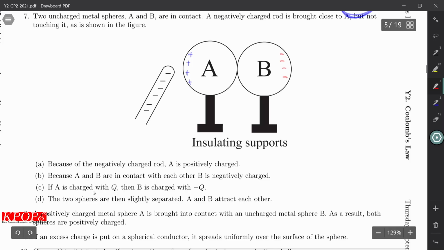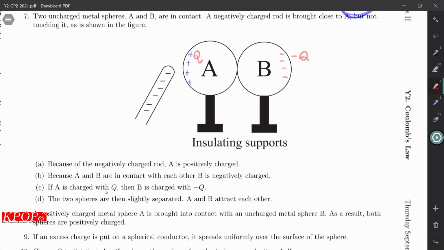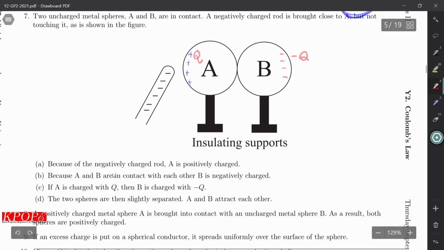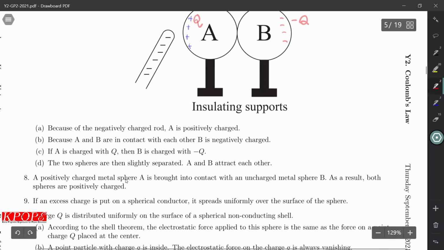If A is charged with Q, then B should be minus Q, because the sum of these must be zero, because charge must be conserved. D. The two spheres are then slightly separated.